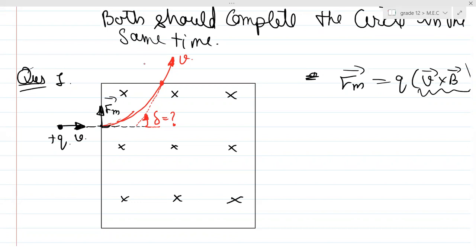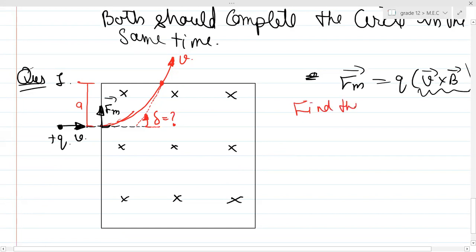If this is, let's name it, this is A. This distance is given as A, and we need to find out what is this delta. Okay, this is the first part. Find the angle.